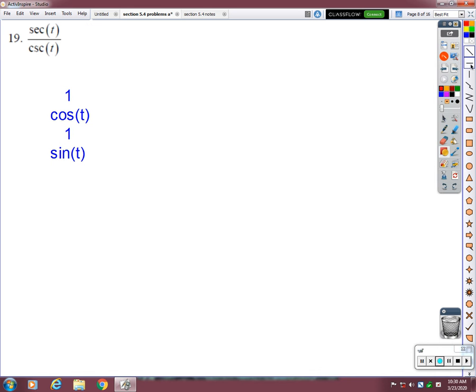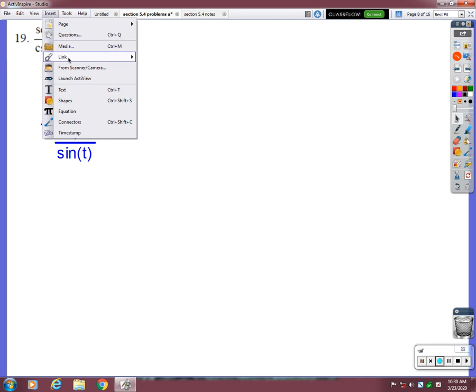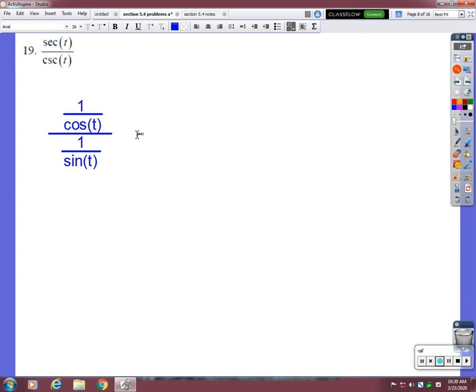So here's what I got going. Got 1 over cosine, that's a fraction, 1 over sine, that's a fraction, and these two things are being divided. Okay? So now we're going to go back to our 6th grade rules, where we know that if you divide two fractions, what you're really doing is multiplying by the reciprocal.